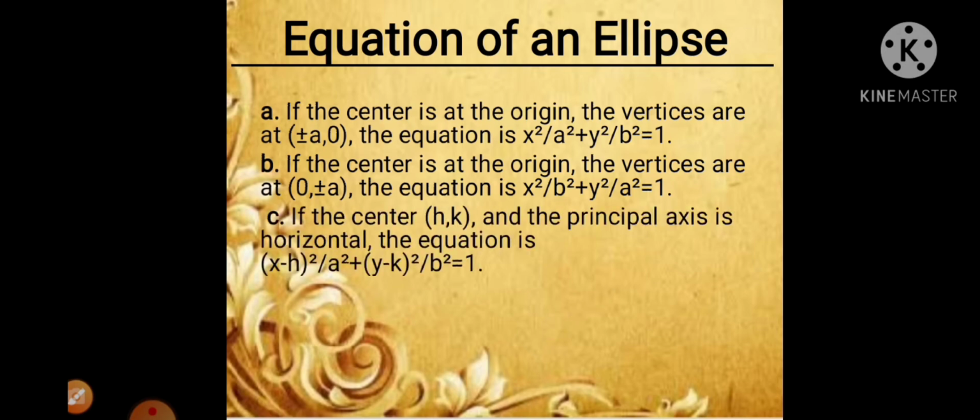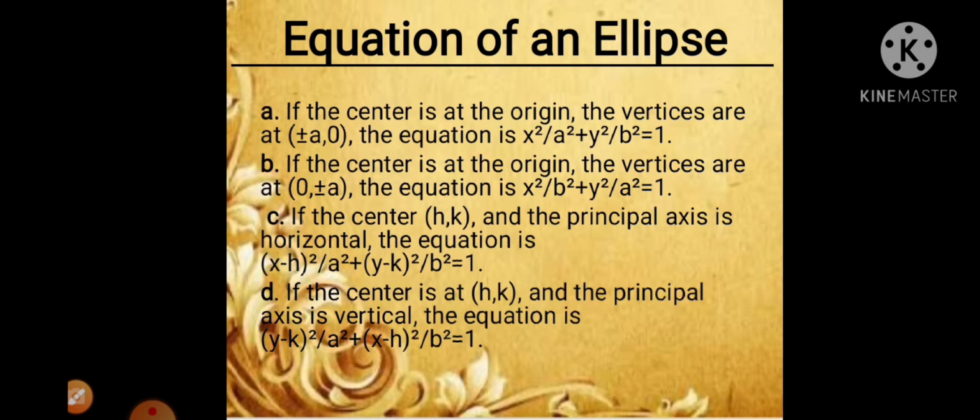If the center is at (h, k) and the principal axis is horizontal, the equation is (x minus h) squared over a squared plus (y minus k) squared over b squared equals 1.